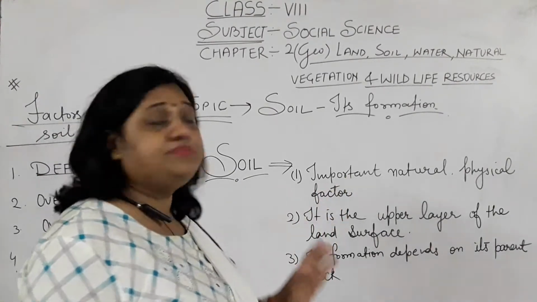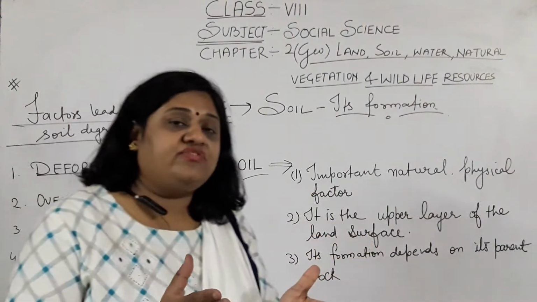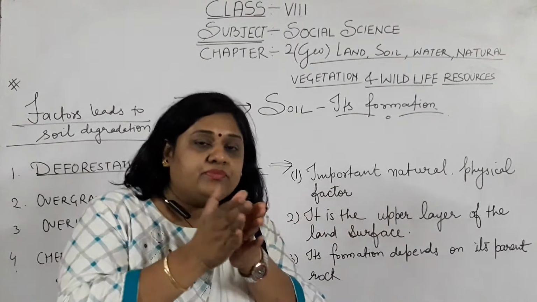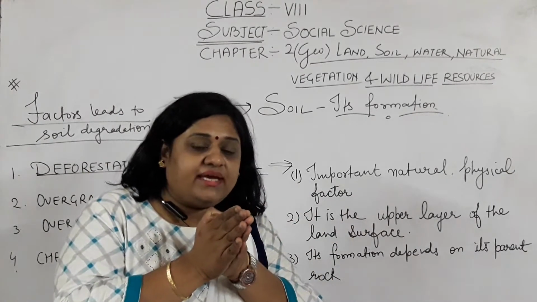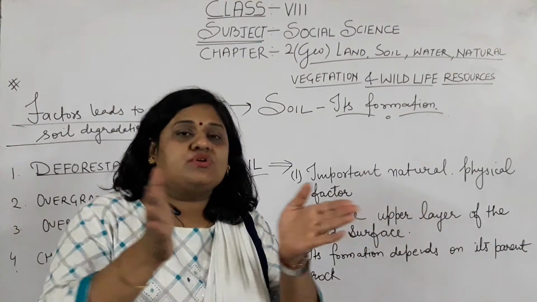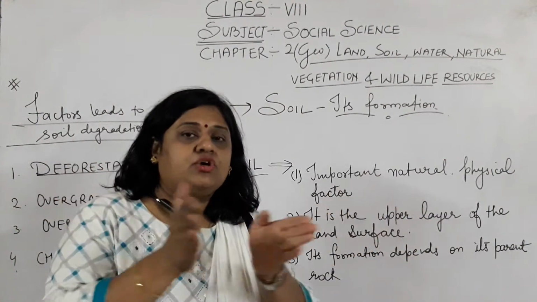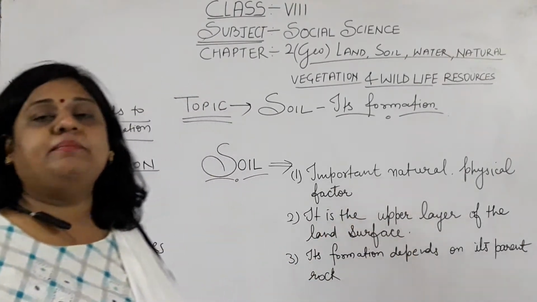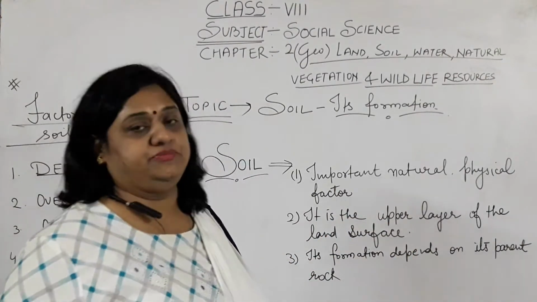Now what happens? Because of this, when the water evaporates out, the cavity contracts, and in the night time it relaxes. Because of this continuous contraction and relaxation, the particular part of the rock becomes weaker.